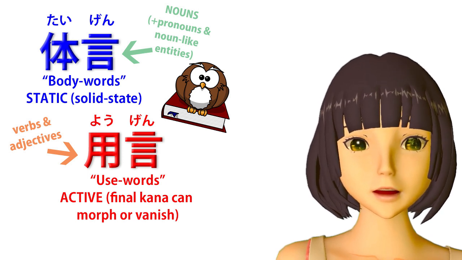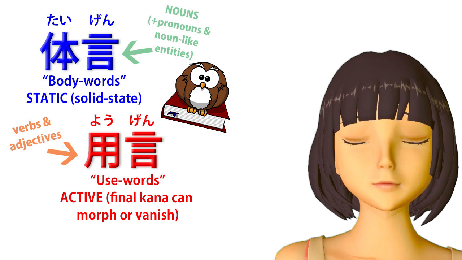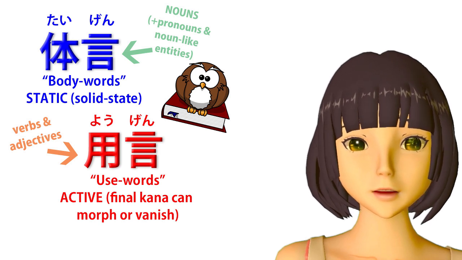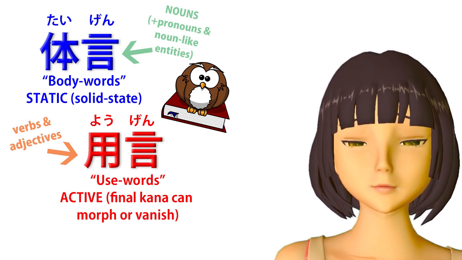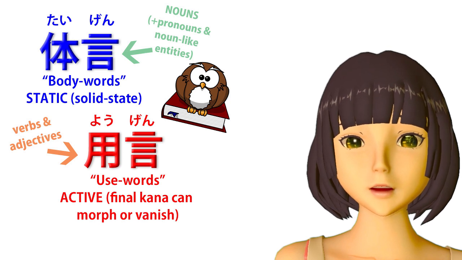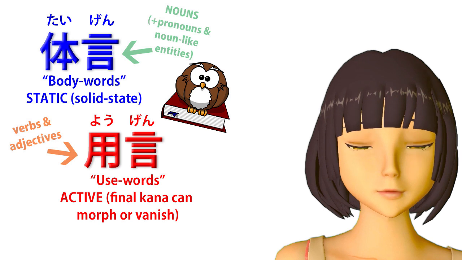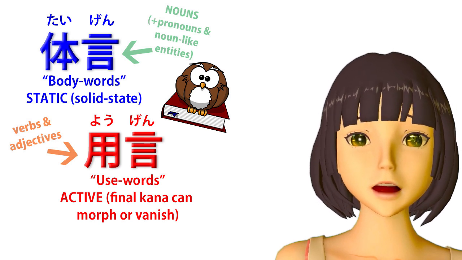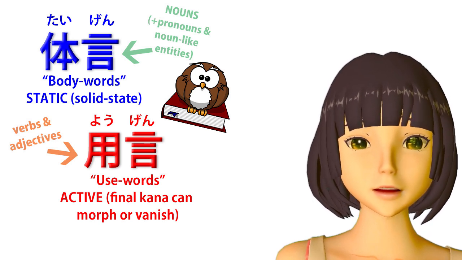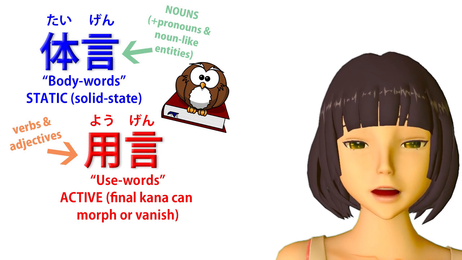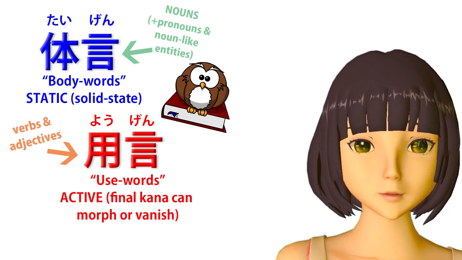All verbs end in an u-row kana. All adjectives end in the kana i. And that is the part, and the only part, that changes. With Godan verbs, the u-row kana changes to its equivalent in one of the other rows.